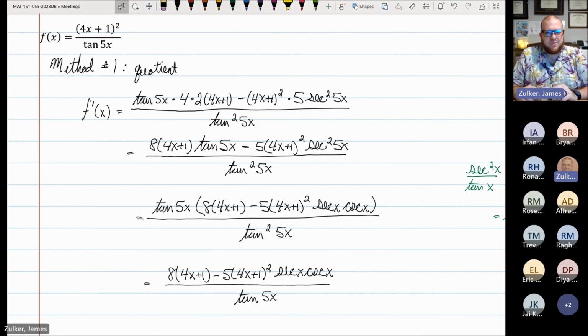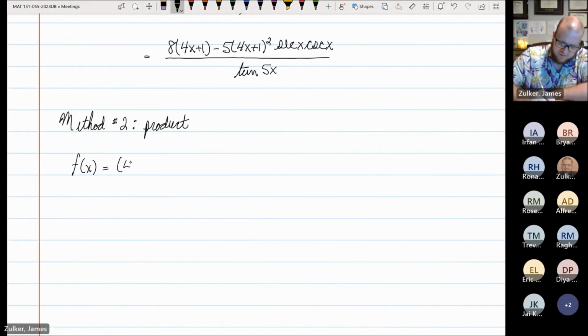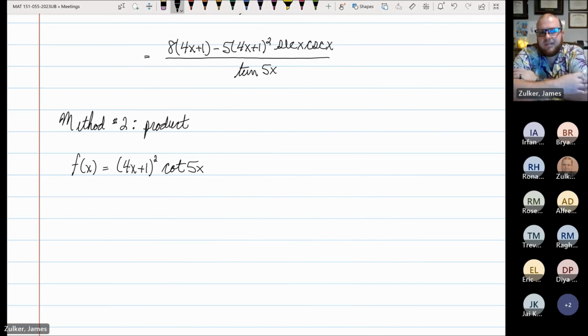Think back to the basic trig identities. One over tangent is cotangent, isn't it?